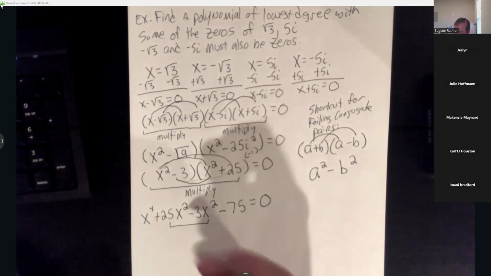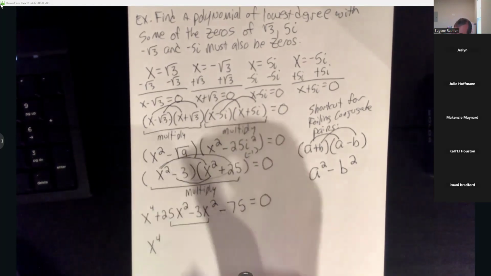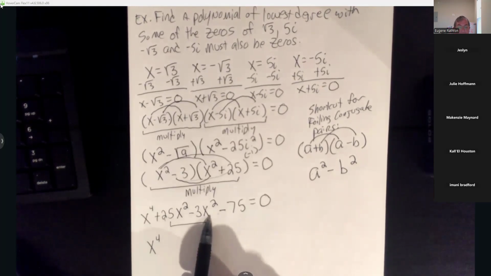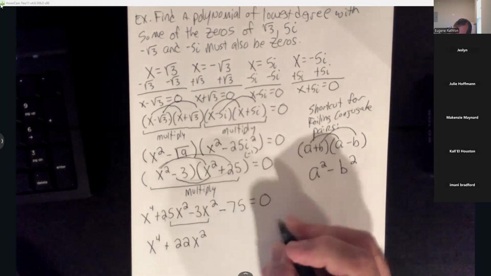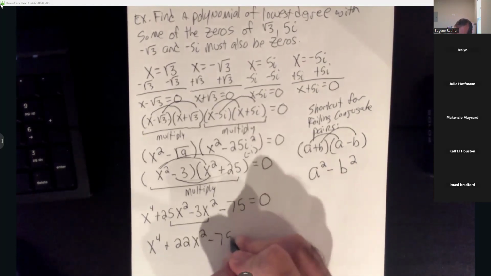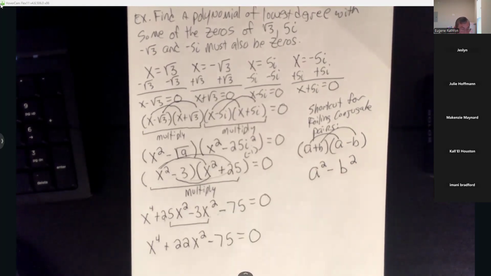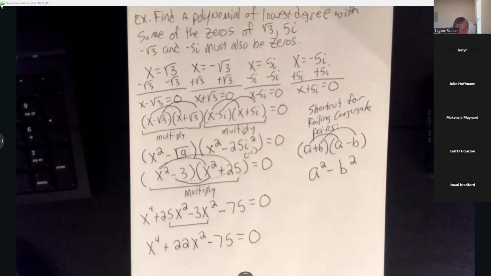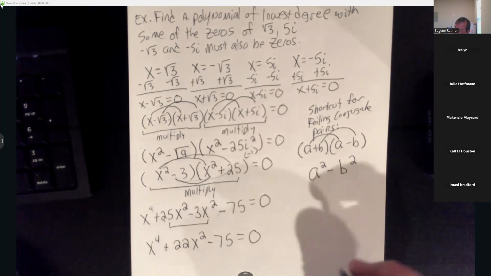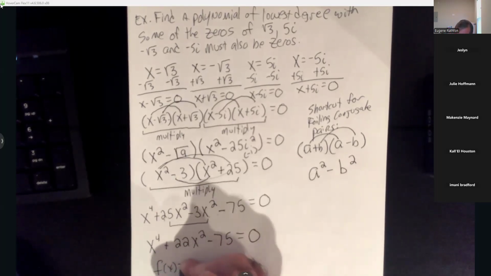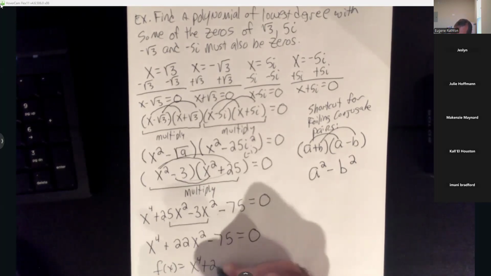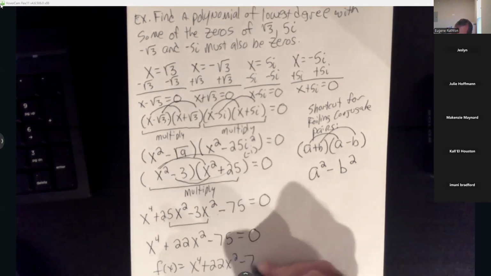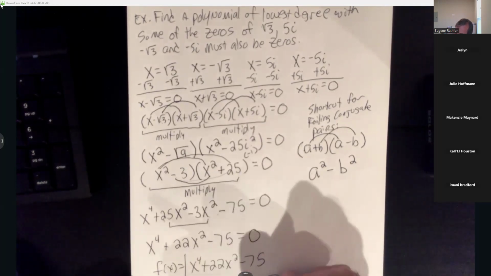So it's going to be x to the fourth. 25 minus 3 leaves me 22x squared, and then my minus 75. And then once again, MyMathLab will have the f of x equals, and in the blank, you would put that: x to the fourth, 22x squared, minus your 75.